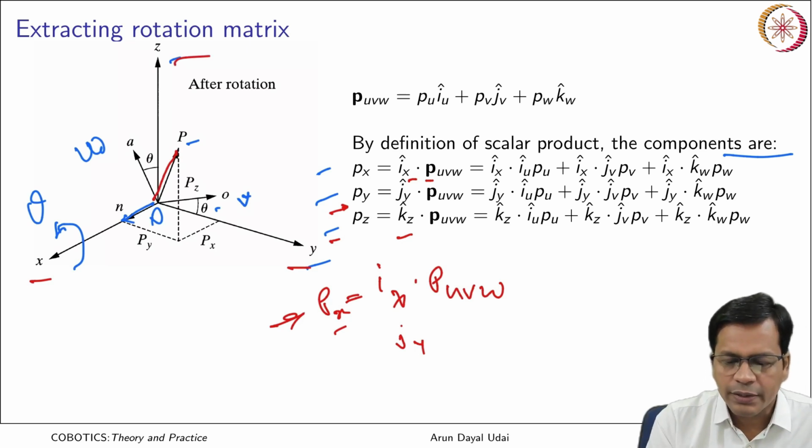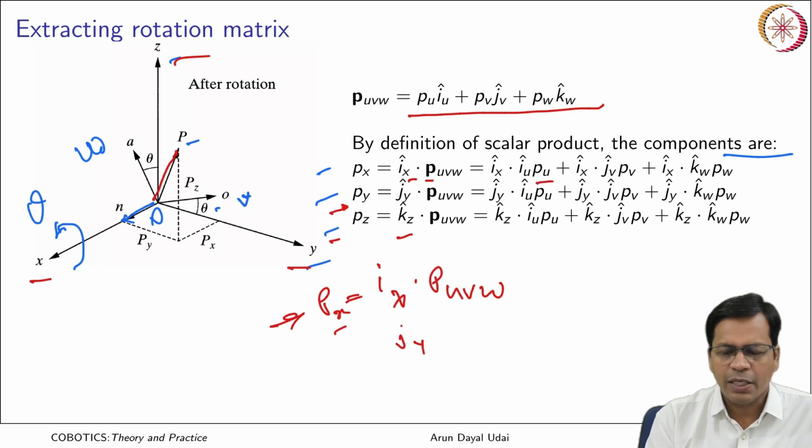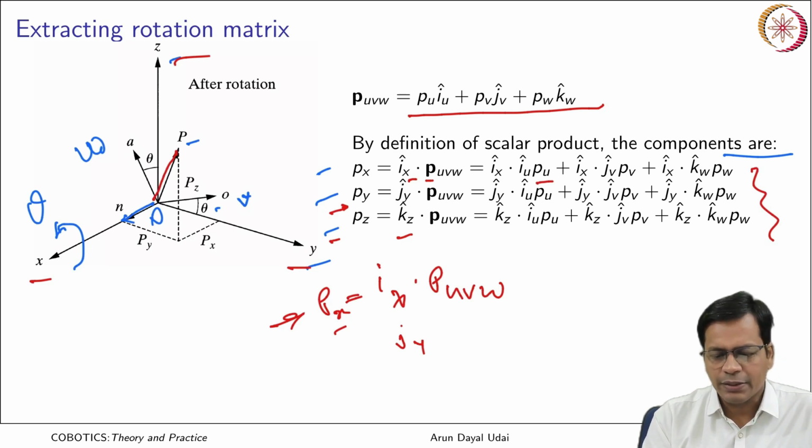Now I will substitute this vector here, and what I get is Ix dot Iu times Pu, where Pu is the magnitude of P along U. Similarly Ix dot Jv times Pv, Ix dot Kw times Pw, and the same goes along each of the axes x, y and z.